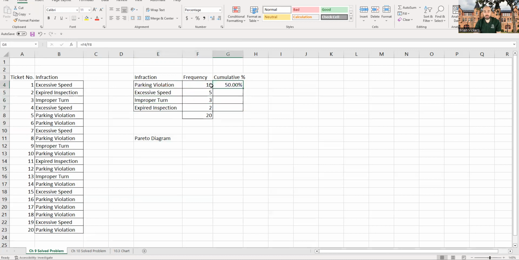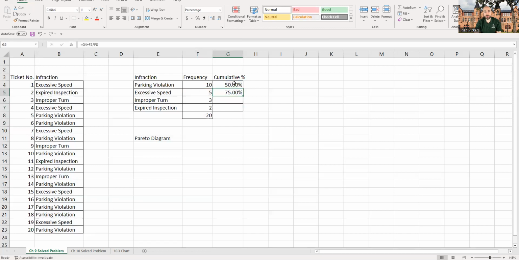So this isn't just going to be a percentage of this divided by this all the way down. Instead, once we do our first one, we then are going to add 50% plus 5 out of 20. So the one above it, and then add to it the additional percentage. So 5 out of 20 is 25%. So I should see 75% here, and I do. Now I can copy that down.